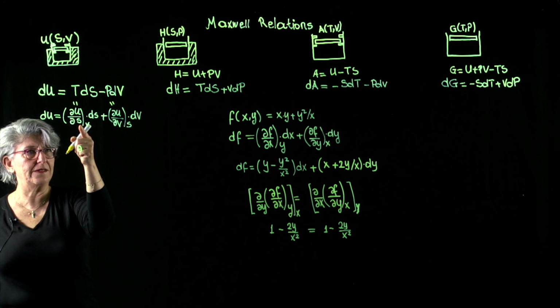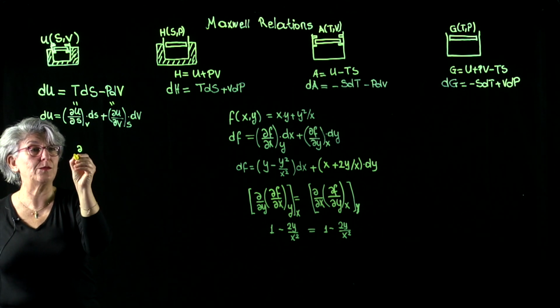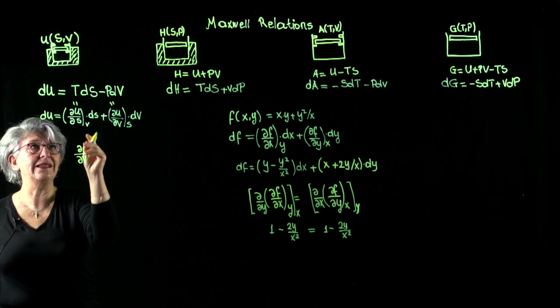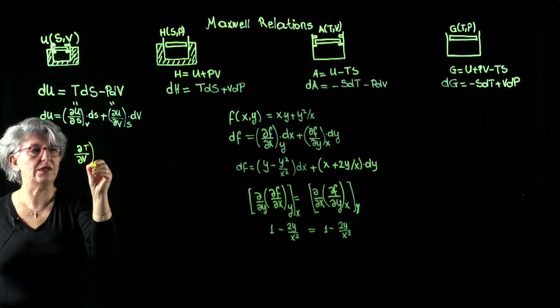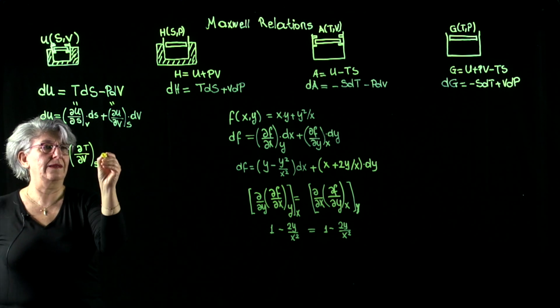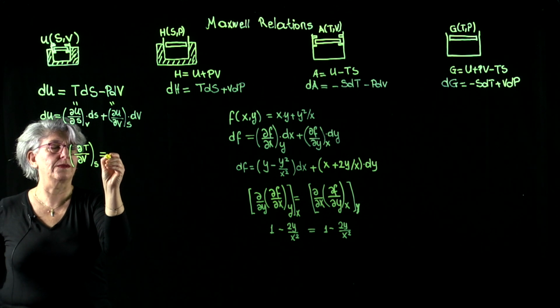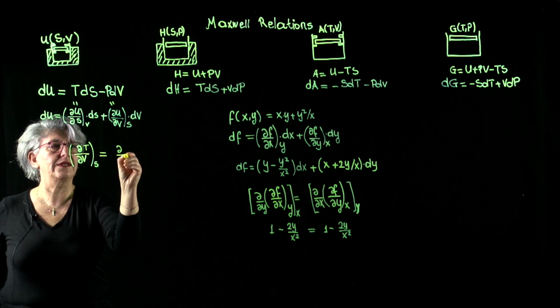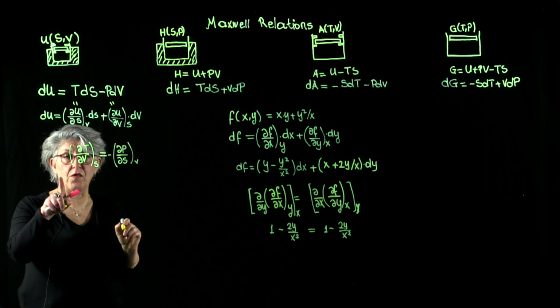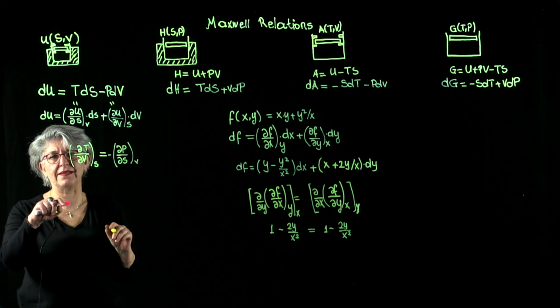Here my derivative was with respect to s. Now I'm going to differentiate with respect to v. Del over del v, what was my function? T. What am I going to keep constant? S. Should be equal to del over del s minus P at constant v. Now this is my first Maxwell relationship.